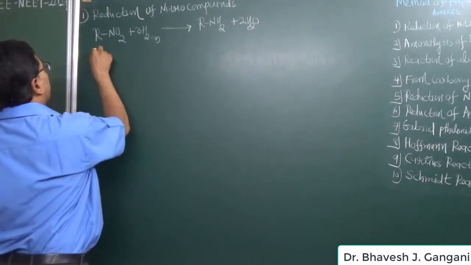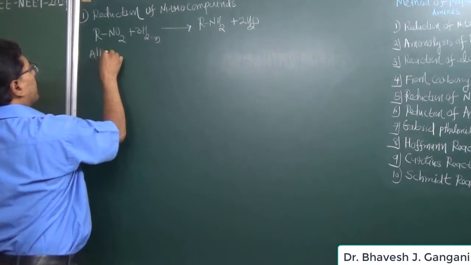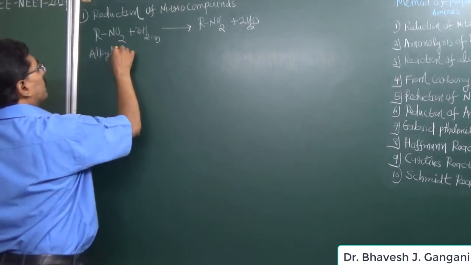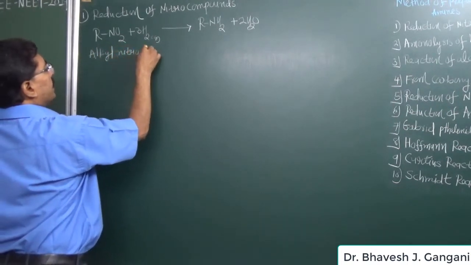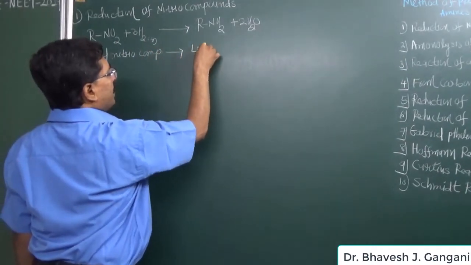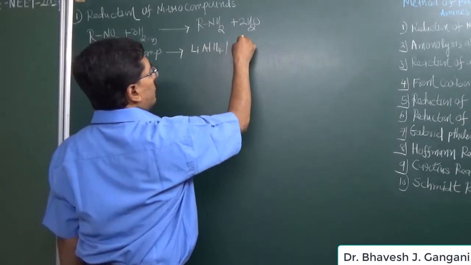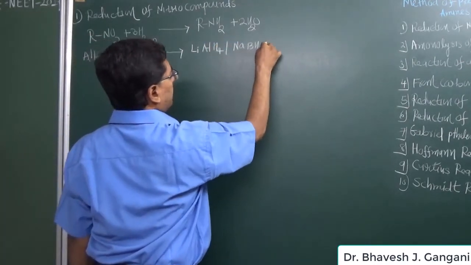Suppose here R equals alkyl, so it is an alkyl nitro compound. For reduction of alkyl nitro compound, we can use lithium aluminium hydride as a reducing agent, or one can use sodium borohydride.